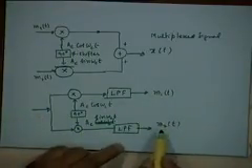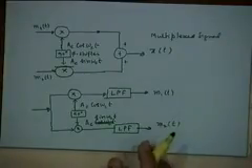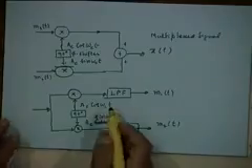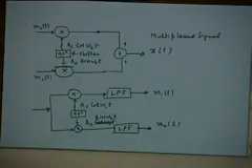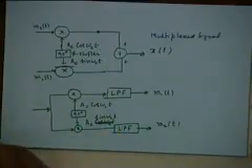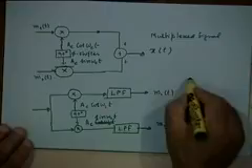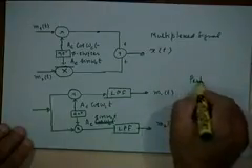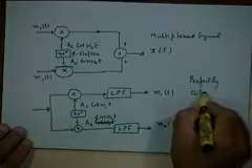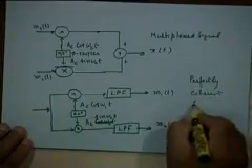Similarly, m1(t) will not have any component in this path, provided of course we have perfect phase coherence, that is, cosine omega_c t is in phase with the cosine omega_c t component of the incoming signal, and sine omega_c t is in phase with the sine omega_c t component of the incoming signal. So you require perfect phase synchronization or perfectly coherent carrier as before.